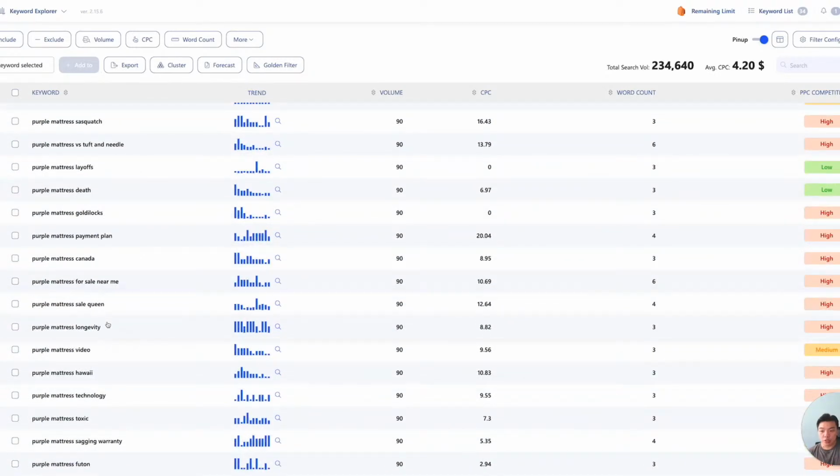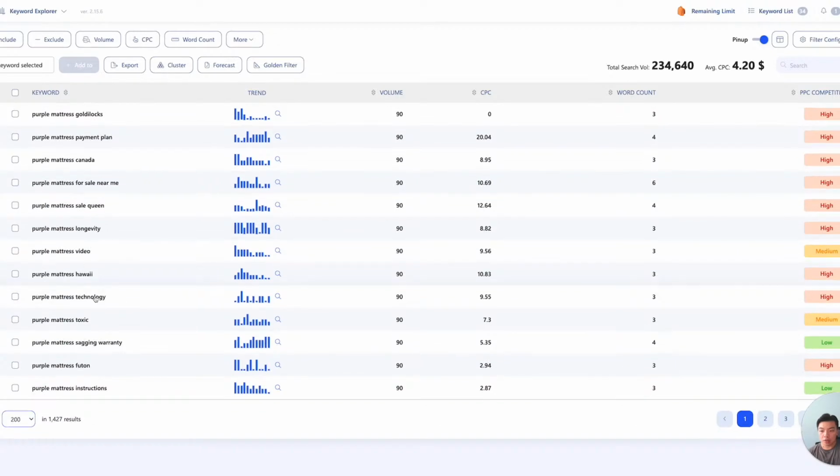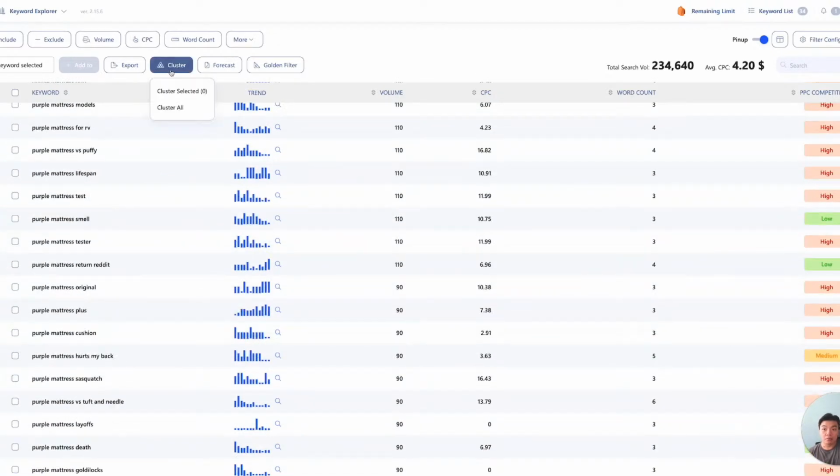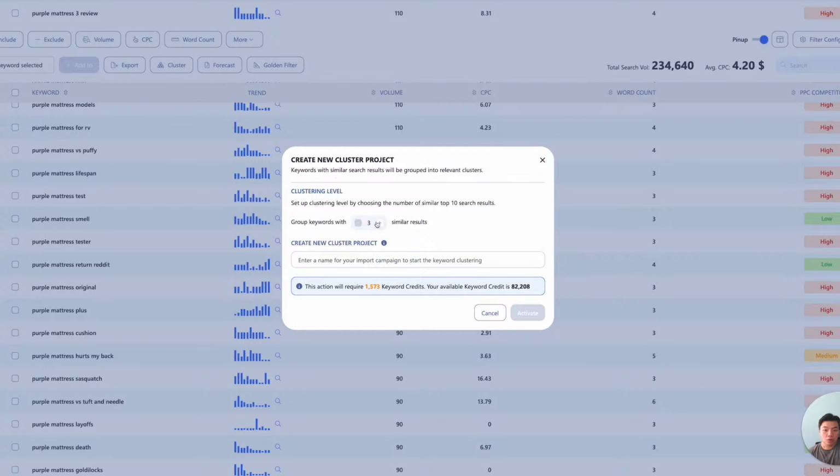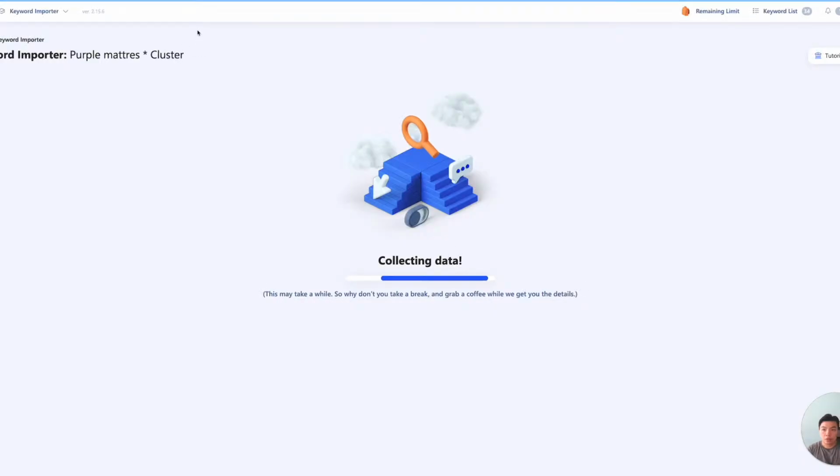Then you could just cluster them, right? You can cluster all together. Purple Matches, cluster, star. Activate.